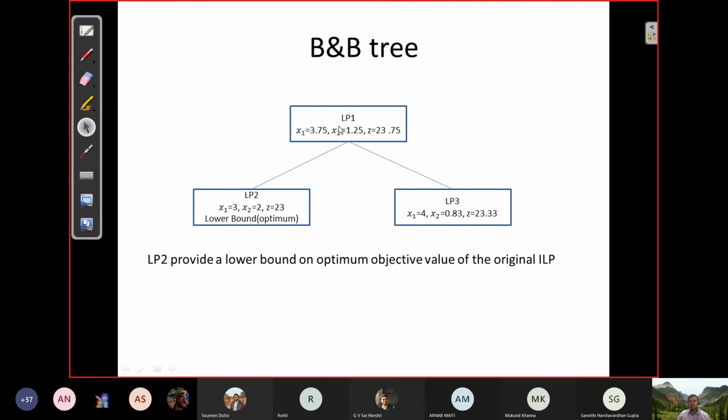For example, by solving LP1, suppose I would have got 50 here. Suppose this is not 23.75, say this is 50. However, from a heuristic, I have got a solution which has a Z value of say 24.